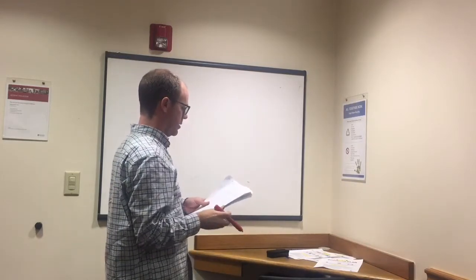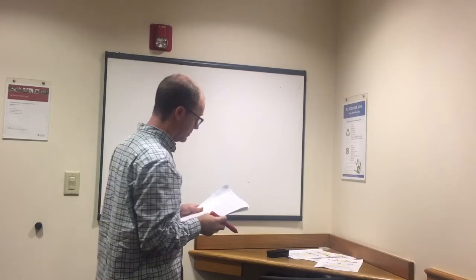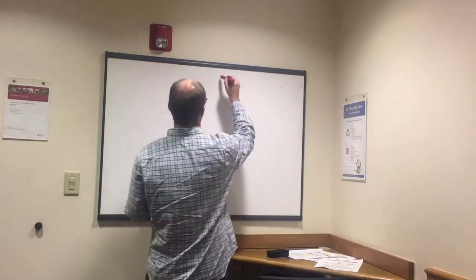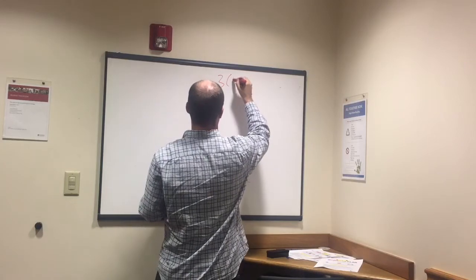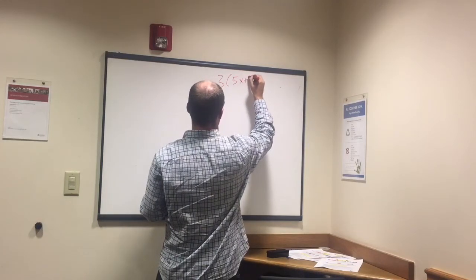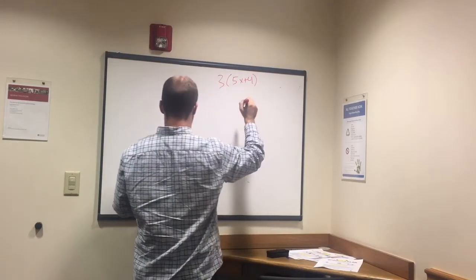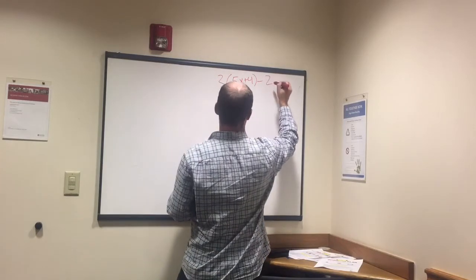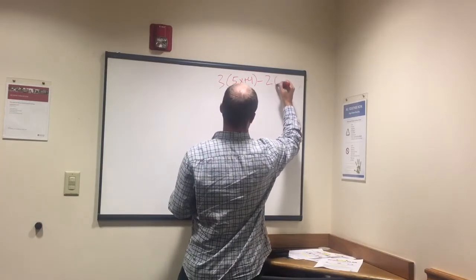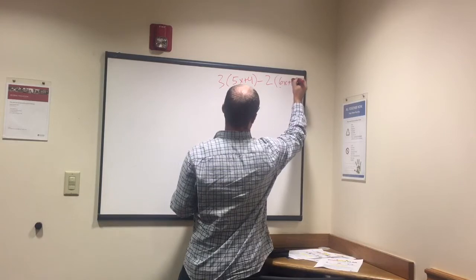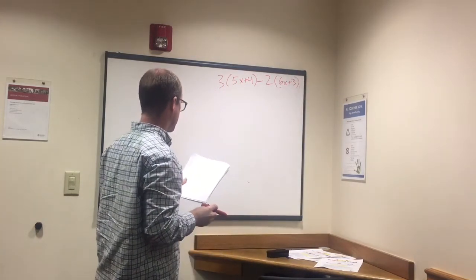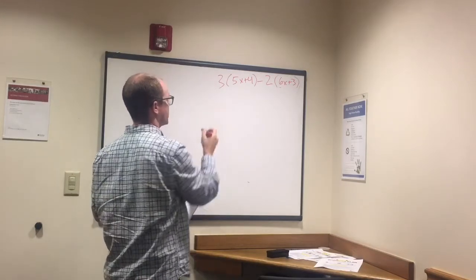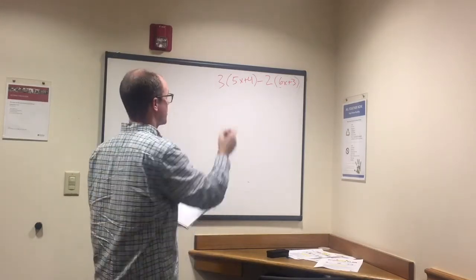Next, simplifying an expression. Write this one up here: 3 times 5x plus 4, minus 2 times 6x plus 3. What we're going to do is use the distributive property, then subtract.